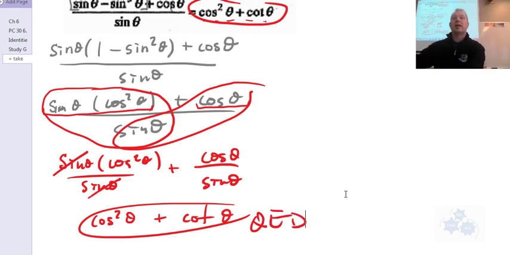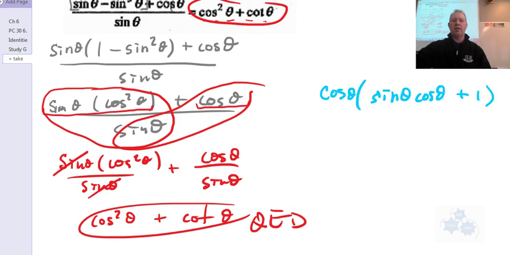A good idea is to take a peek at the other side to see where you might want to go once you get partway through. Okay, if you factored a cosine out of here, I think you'd still be okay. Not sure if that would be any better or worse, but let's just try that. So if I factored a cos out, I'd have cos theta times sine theta plus 1 over sine theta.